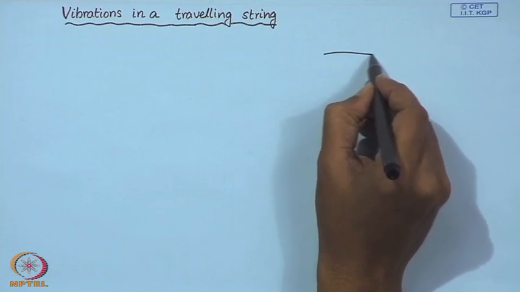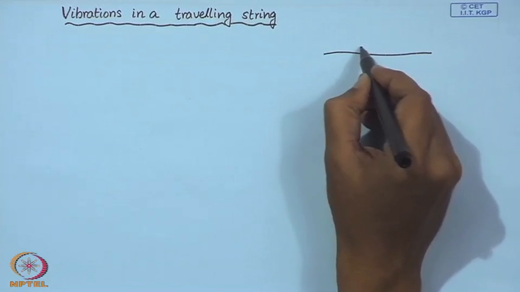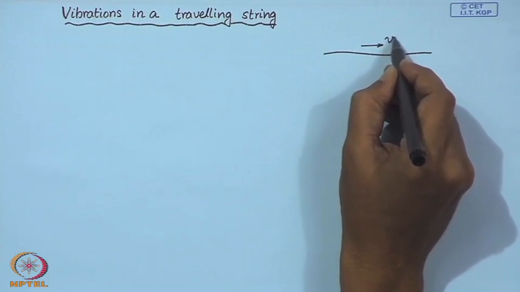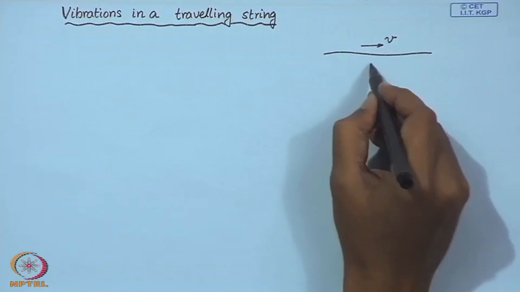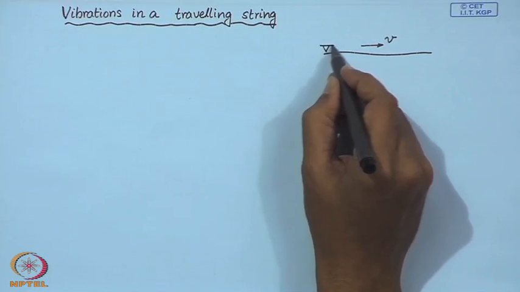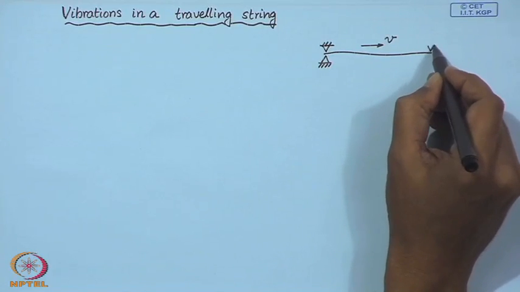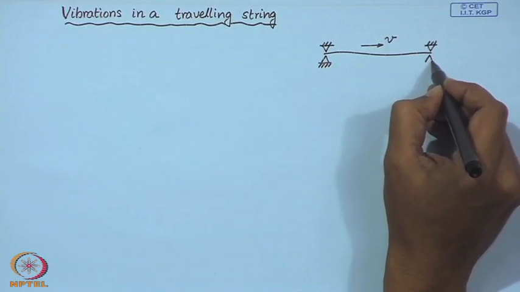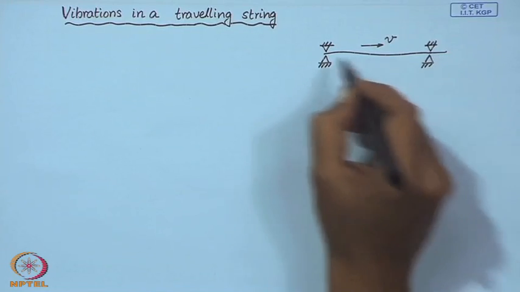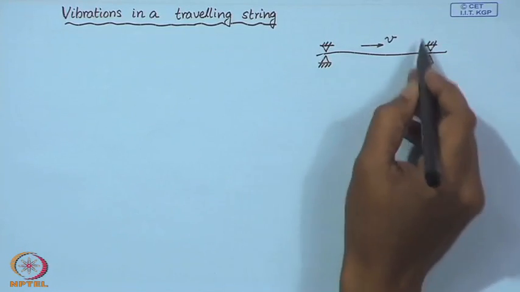So, let us consider this string which is traveling at a speed v.